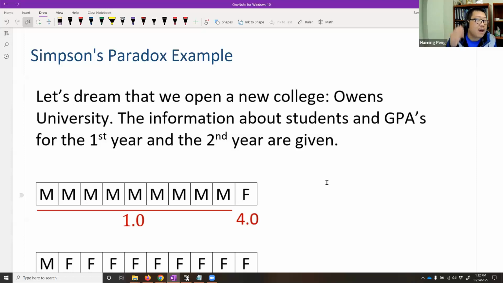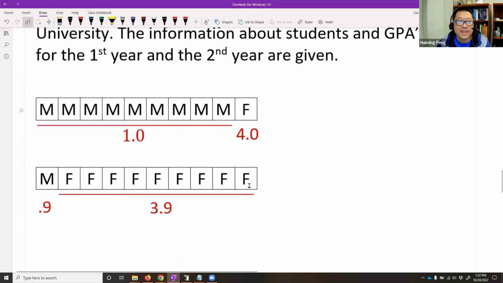What is a good learning outcome? We use GPA, or average GPA, to tell the learning outcome. The bigger the GPA, usually we say the better the learning outcome. Makes sense, right? And what does this mean? This means we have a very small school.